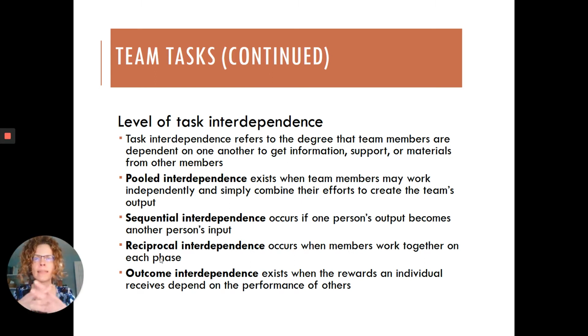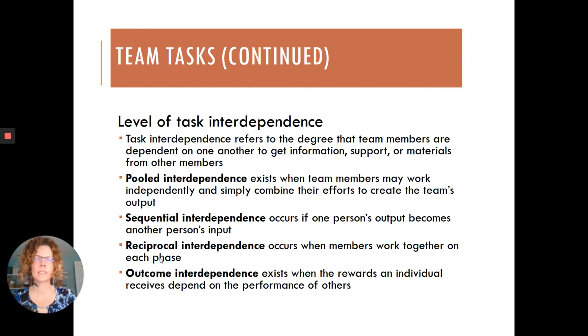And then at the end, at some deadline point, everything comes together and the final report is done. That would be an example of pooled interdependence. Again, discrete, definite, separate, everybody does their own thing, and then at the end they put it together.